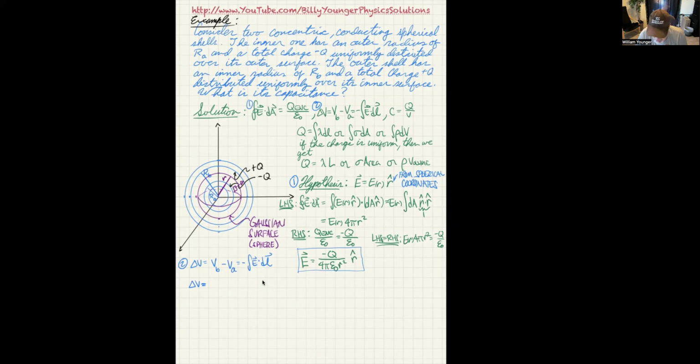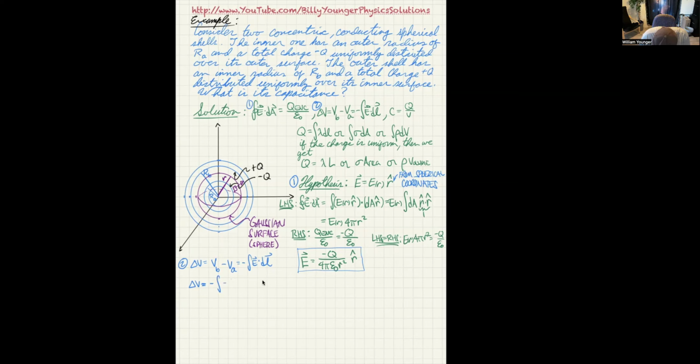So I am attempting to integrate from the negative Q to the positive Q, because the negative Q is associated with the low voltage and the positive Q is associated with the high voltage. And if you do the voltage of the high one minus the voltage of the low one, you should get a positive quantity. So my electric field is actually going to point inward.